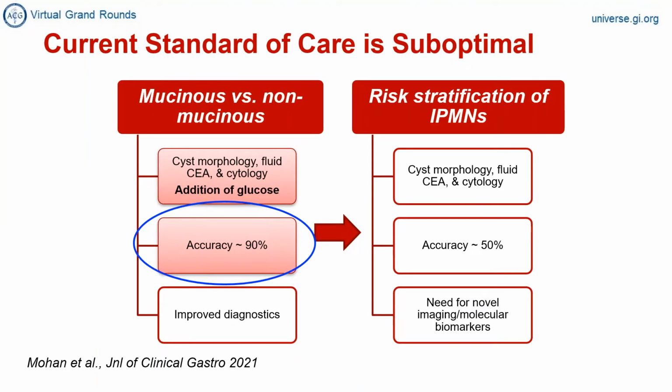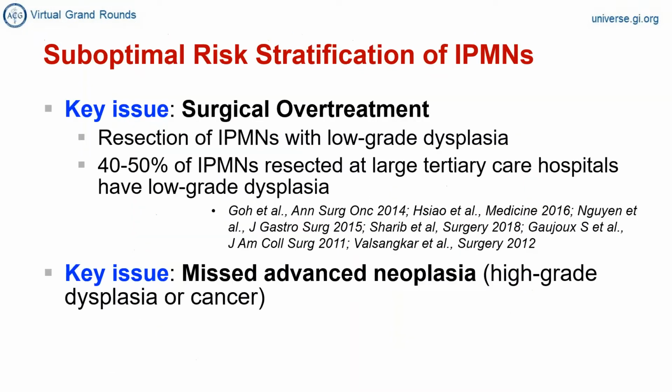Still, there is the problem of risk stratification of IPMNs. You still have to work on improving the accuracy of differentiating IPMNs. Why is it important to differentiate IPMNs? Here is the key issue with IPMNs. Nearly 40 to 50% of IPMNs resected at large tertiary care hospitals in the US have low-grade dysplasia. Of course, there are multiple variables.